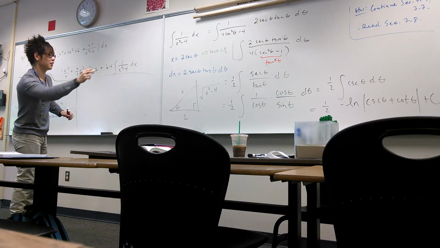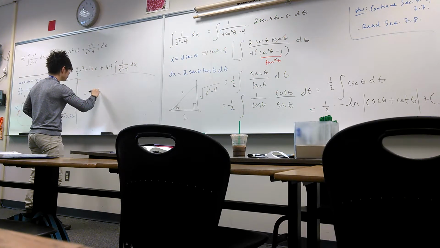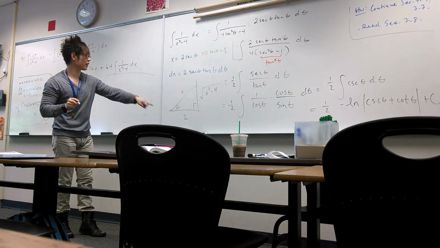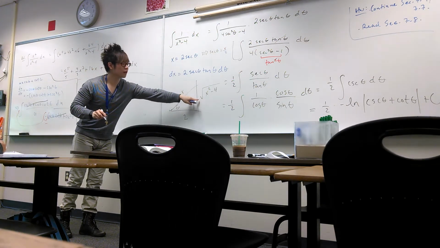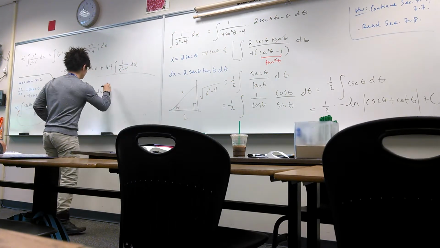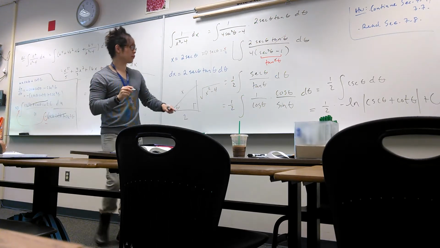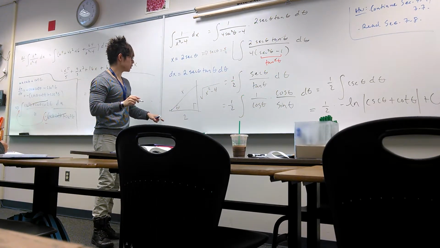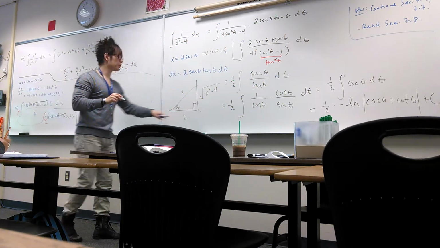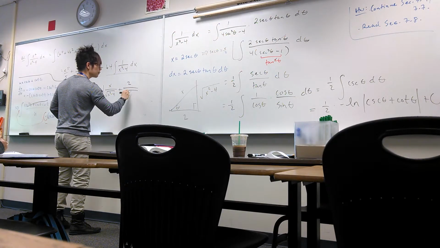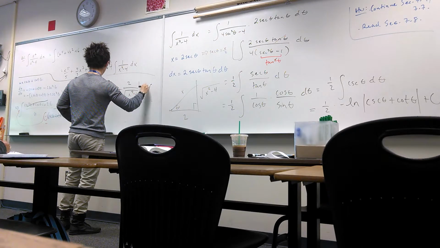I hope this is okay to follow. So we're going to go over here. Minus 1/2 natural log, the absolute value of cosecant theta, let's look over here. So it's going to be x over the square root of x squared minus 4, plus cotangent is going to be adjacent over opposite, right? 2 over square root of x squared minus 4, plus c.